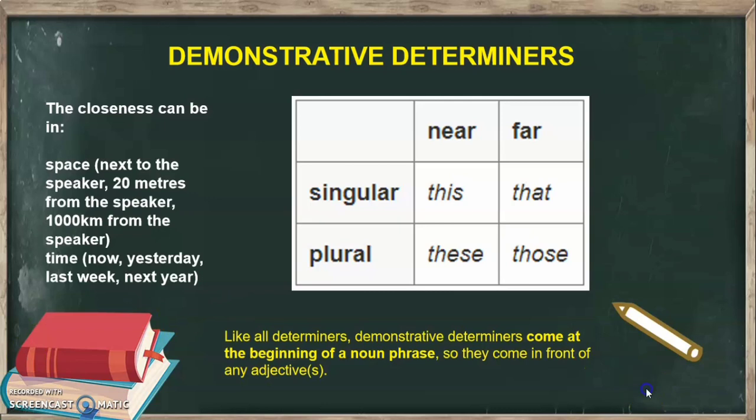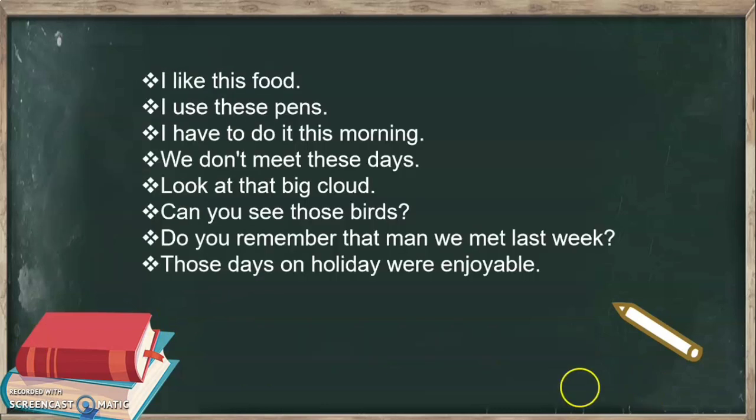These are our examples. Let's read the three of them. I like this food. This first and then food. Noun. This demonstrative determiner, food. Yes, you're right. Noun. This food.